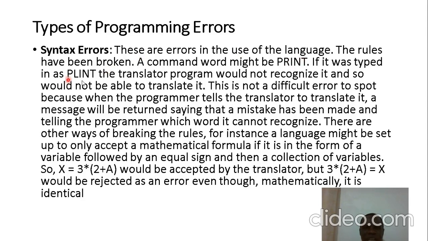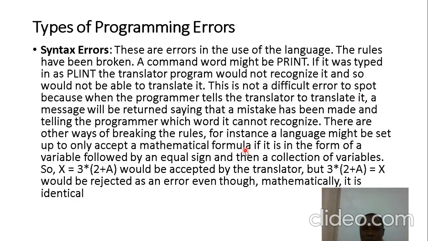If it is typed incorrectly, this is a syntax error, and the translator will be able to recognize this. If it was a keyword, print is a keyword like dim in VB, and then instead of dim you put din, then the translator will not know that this is a declaration of a variable, for example. So this is a syntax error.